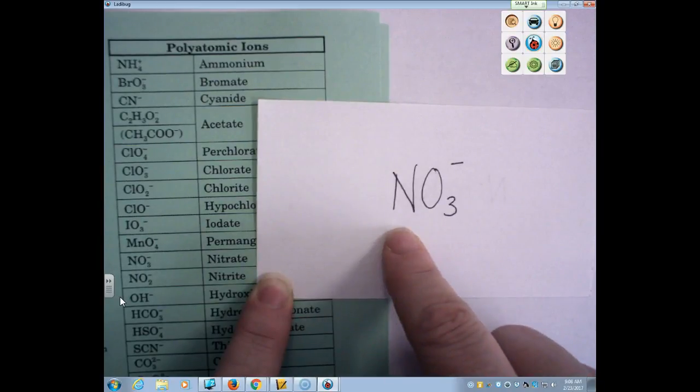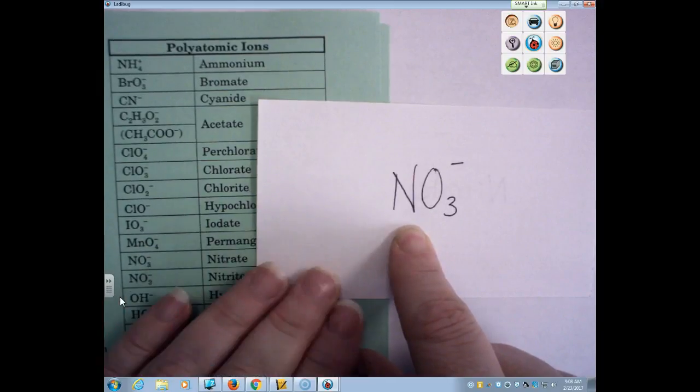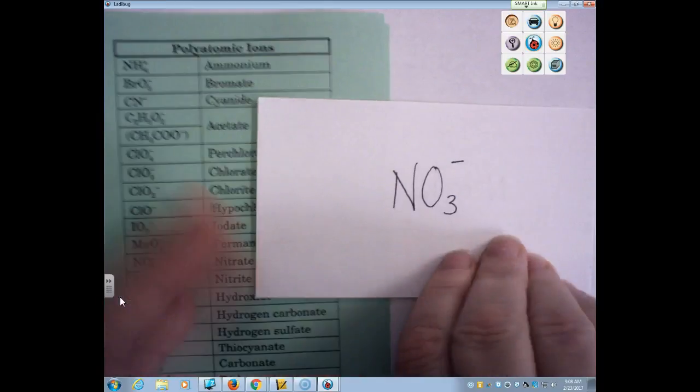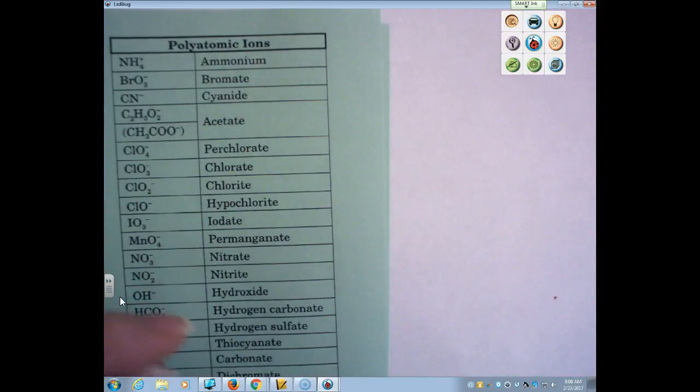Also, capital letters matter. Here, this is a lowercase n. It needs to remain a lowercase n in permanganate. Otherwise, we think it's nitrogen. So NO3 negative is nitrate, and you can start quizzing yourself on these polyatomic ions.